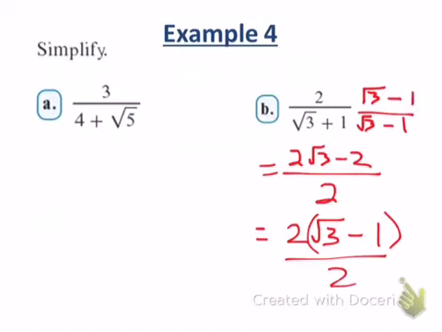So we factor the 2 out of the numerator, and we're left with 2 times the square root of 3 minus 1, over 2. Now that pair of 2's are factors. They're being multiplied. So I can cancel the 2's, and I'm left with square root of 3 minus 1.